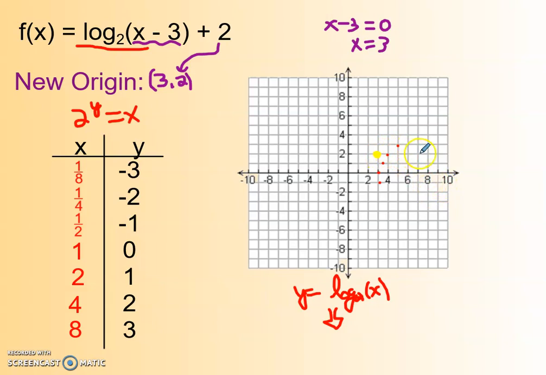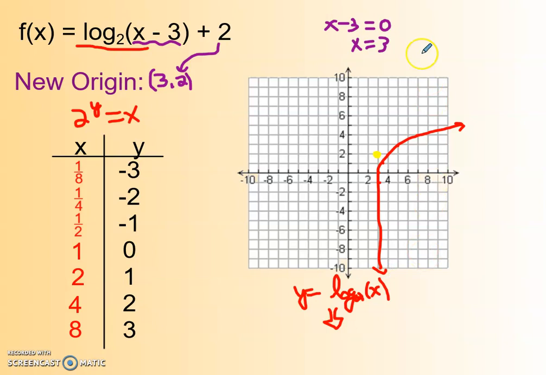Right 8, up 3. 1, 2, 3, 4, 5, 6, 7, 8 would be about here, up 1, 2, 3, and then I draw this nice smooth curve. Oh, that's not bad. That's pretty good there. That nice smooth curve right there, and there's my graph.